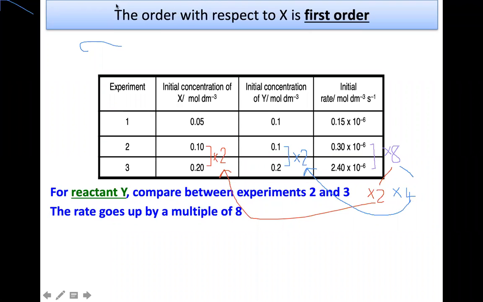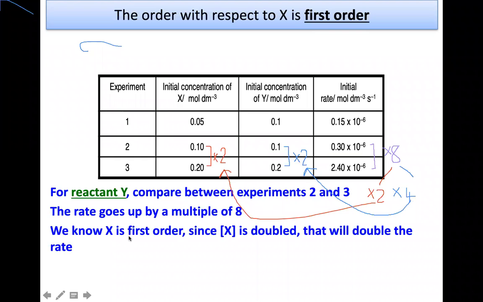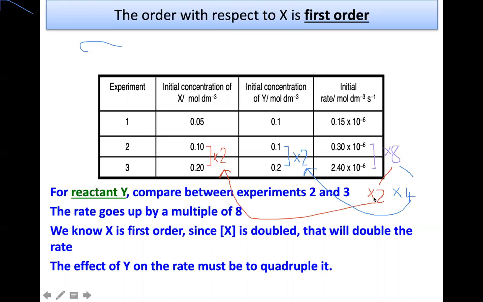Okay, good. So for reactant Y, compare between experiments 2 and 3, the rate goes up by a multiple of 8. We know that already. We know that X is first order. Since X is doubled, that will double the rate. So that's why we have times 2. So we're left with this multiplied by 4 in the rate.